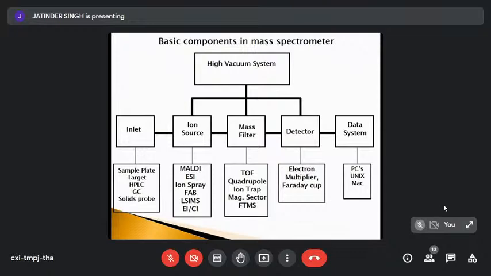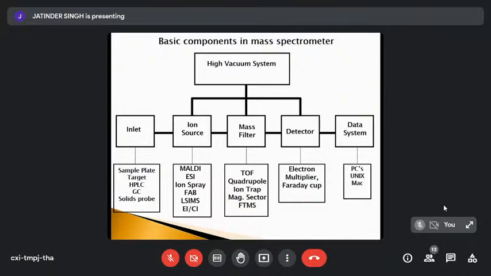Basically, the mass spectrometer consists of an inlet from where we inject the sample. Either it may be coming from HPLC or gas chromatography or any other analytical technique.